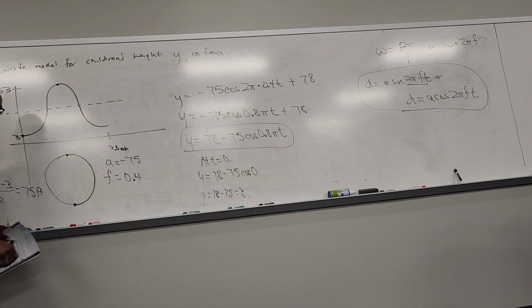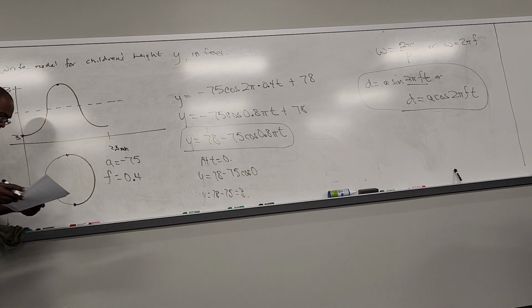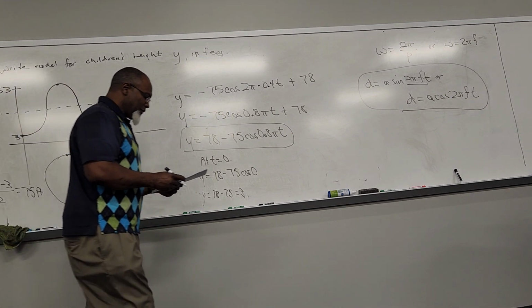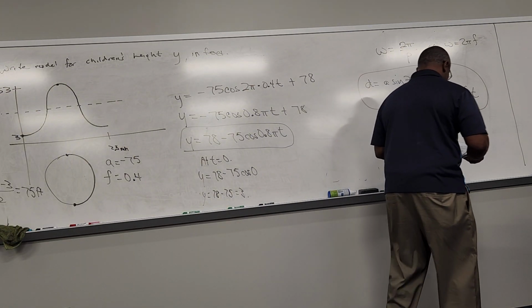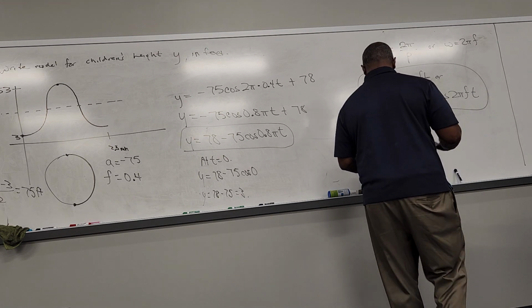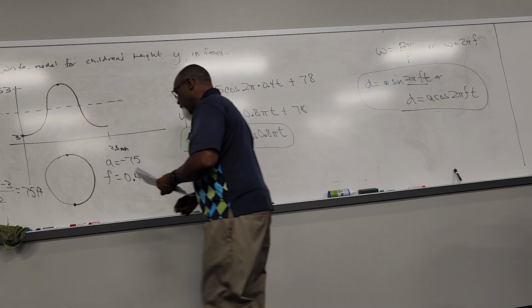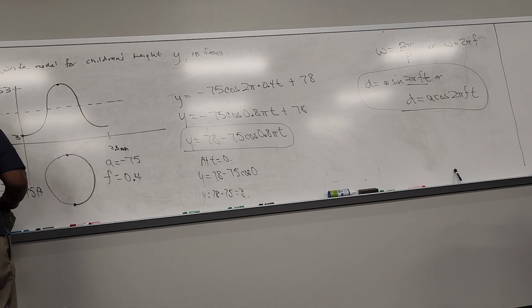We had to accommodate for that fact. Okay? So there's my model: 78 minus 75 cosine of 0.8 pi t. And the last part asked me to find the children's position 2 minutes on the ride.